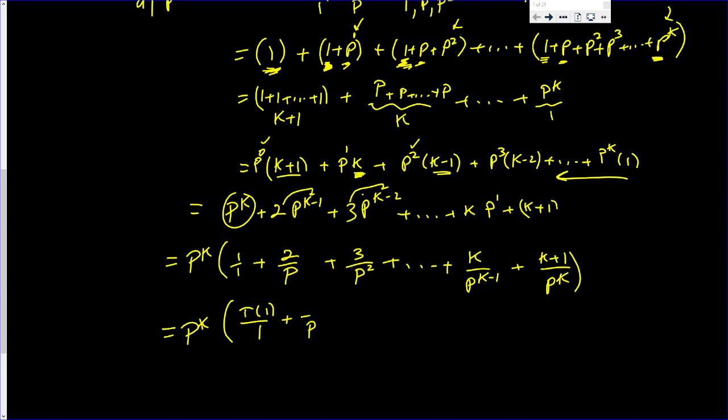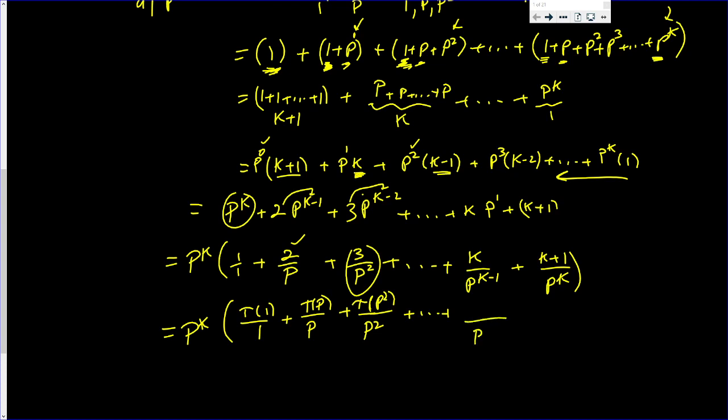Plus, tau of p is 2, over p. Plus, tau of p squared is 3, over p squared at the bottom.